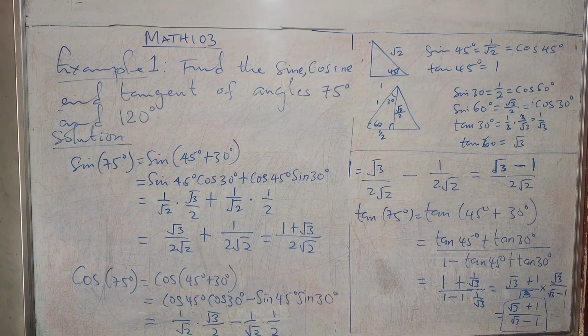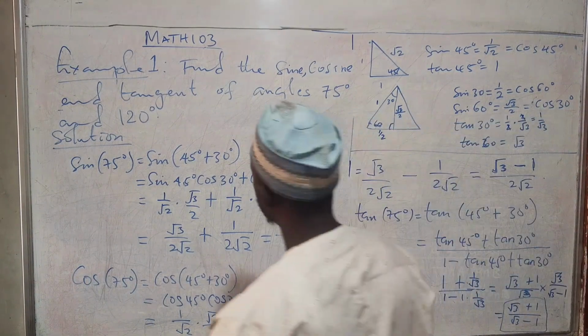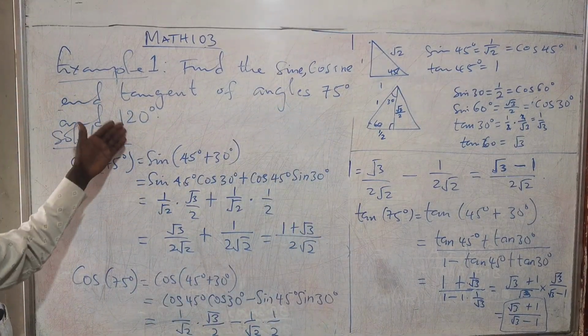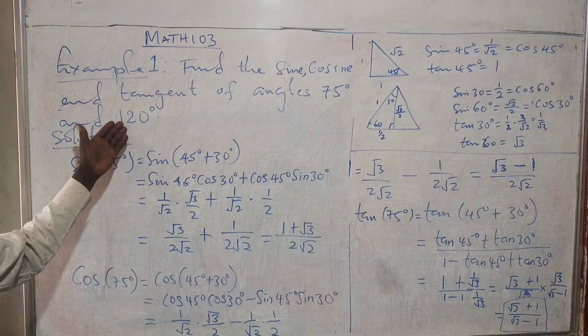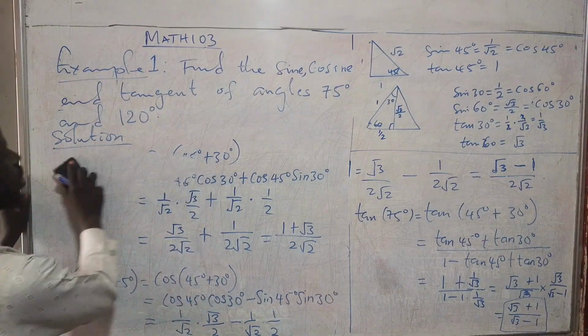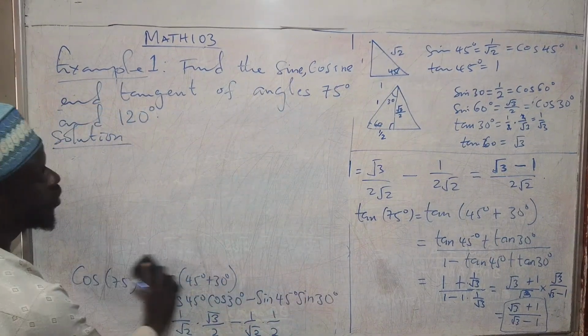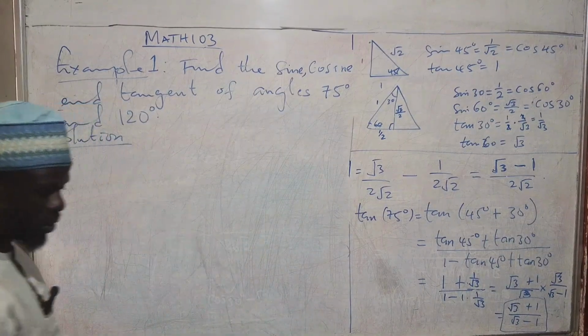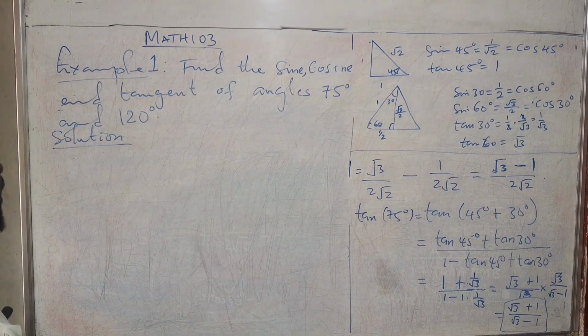So that is the tan function of 75 degrees. So we have the second angle, which is 120, but I will not solve. I will allow students and viewers to solve that as an easy exercise.